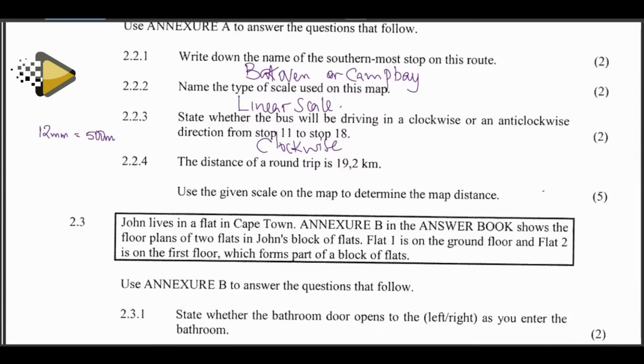So what we need to do, change these to kilometers, I divide by 1,000. So in other words, my 12 millimeters are equivalent to 0.5 kilometers.